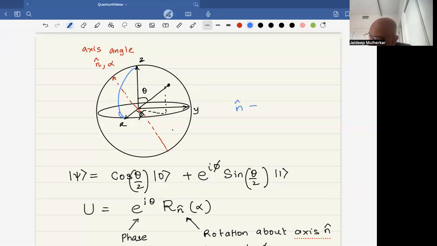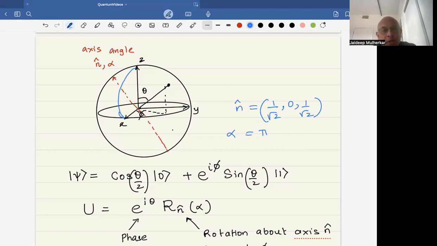So n is the vector which is passing through the xz plane, there is no y component, and angle alpha is equal to pi. So you take this vector, and if I rotate it by angle pi, then you will get some phase multiplied by the Hadamard gate.